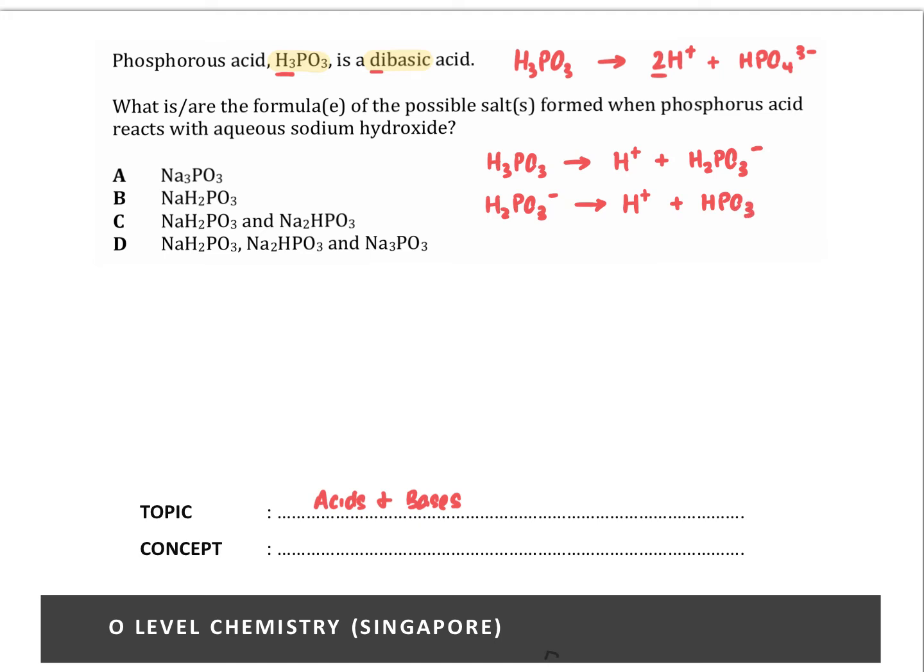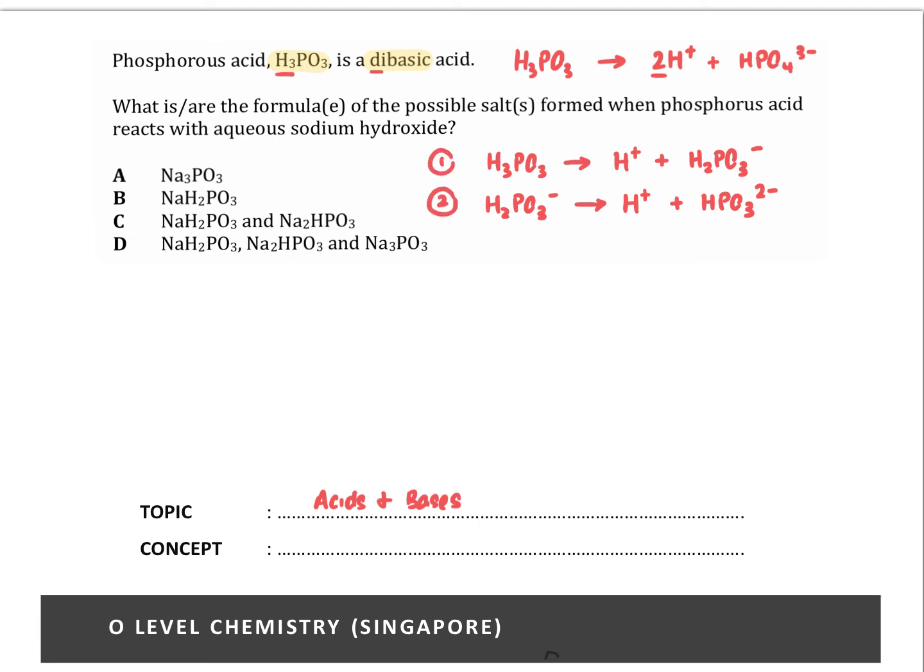And again, after removing another positive charge from H2PO3 minus, the remaining fragment would gain another unit of negative charge. So the concept to recall here is that when you have a dibasic acid, the dissociation actually takes place stepwise, meaning it releases 1 hydrogen ion at a time.